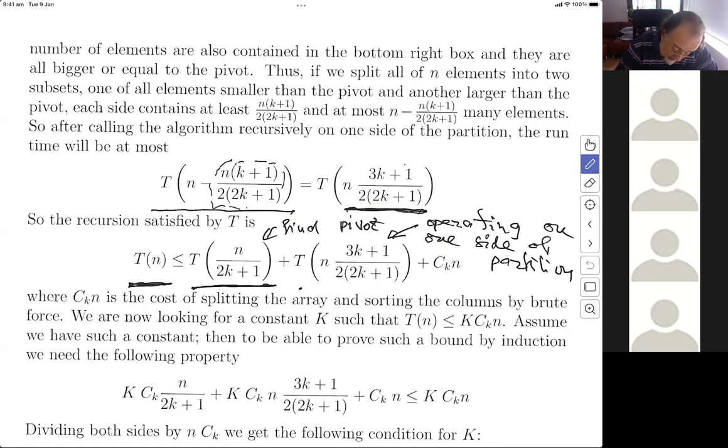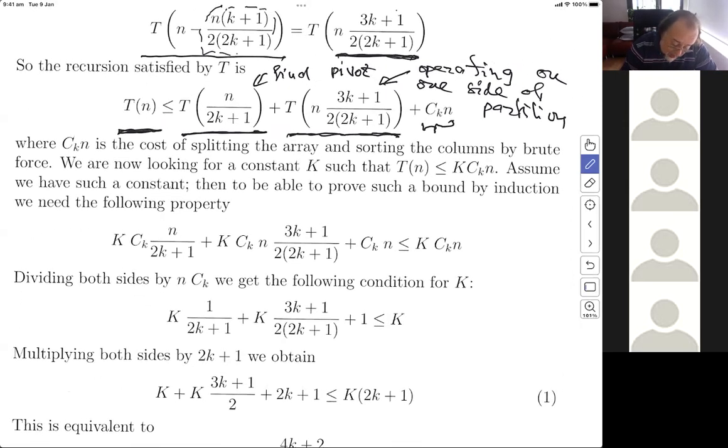And so this is the recursive call on one side of the partition. And this is, of course, the overhead of splitting the elements into groups of 2k plus 1 elements and sorting by hand. So it's a certain constant c that depends, of course, on k, but it's a fixed constant times n. Okay.